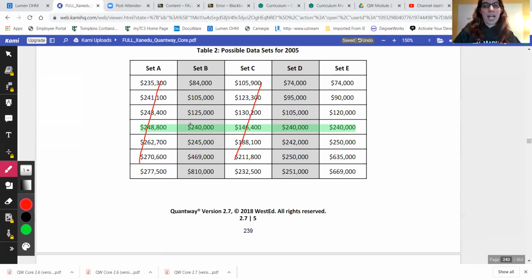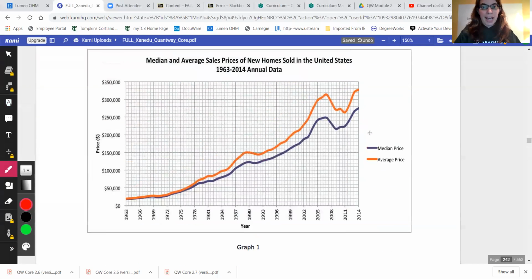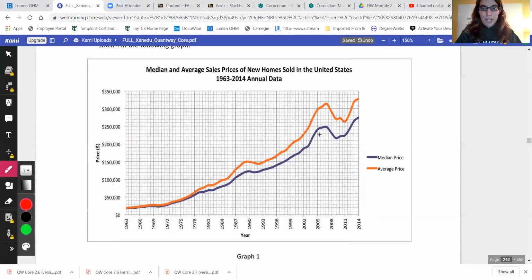So right away, we're kind of looking at those 3 right away. Now, if we look up here at the average in 2005, so here's the median right here, and then the average is way up here. The average is almost 300,000, so maybe like around 280,000, maybe. K means 1,000. Okay. So roughly something like that.